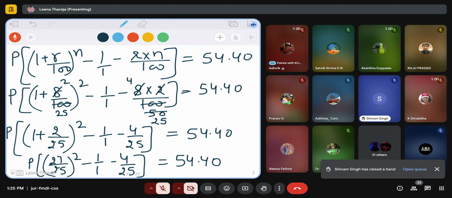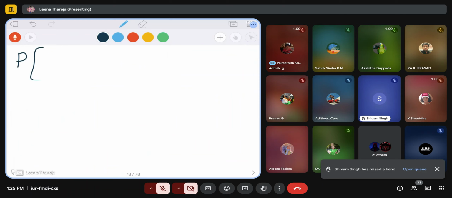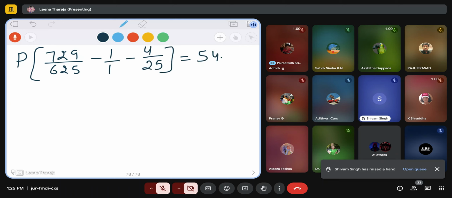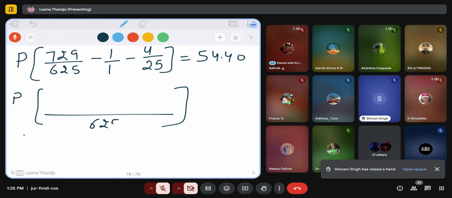Shall I move, child? So you will be getting P into 729 by 625 minus 1 by 1 minus 4 by 25. It's done almost. What will be the LCM inside the bracket? 625.